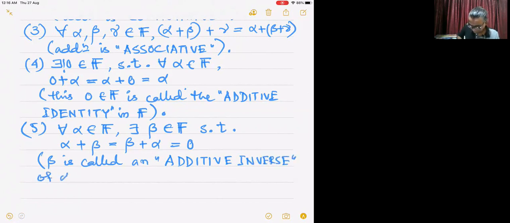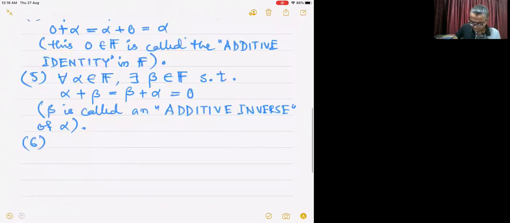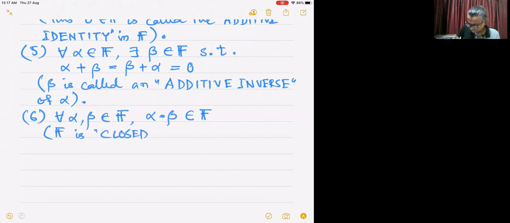Then number 6 is, for all alpha, beta in F, alpha times beta is in F. This is called F is closed under multiplication.